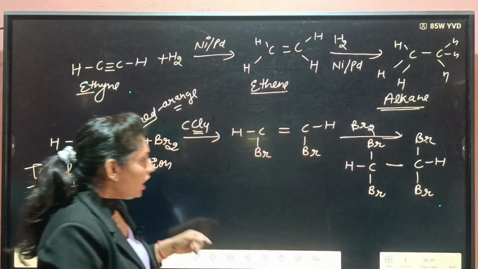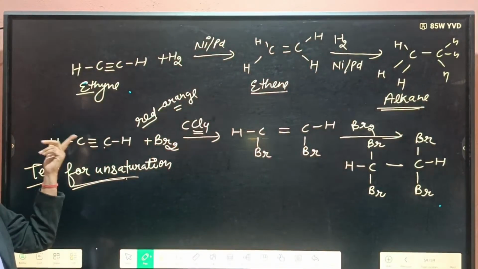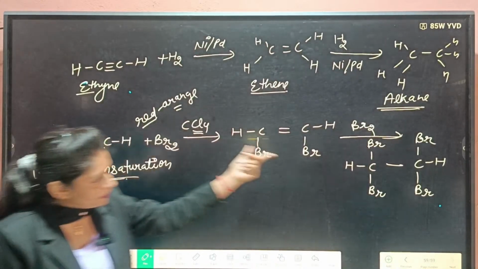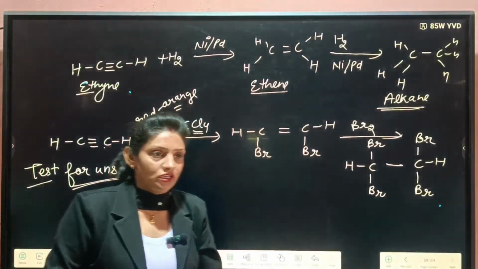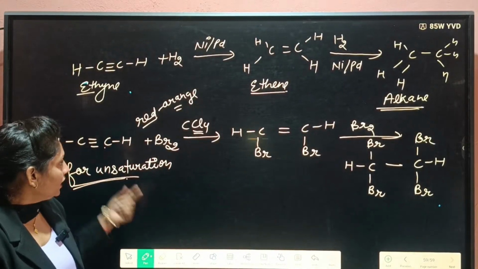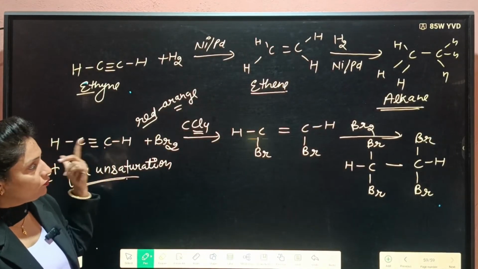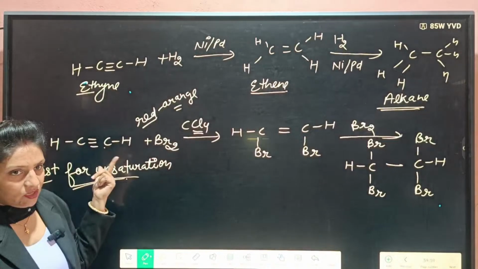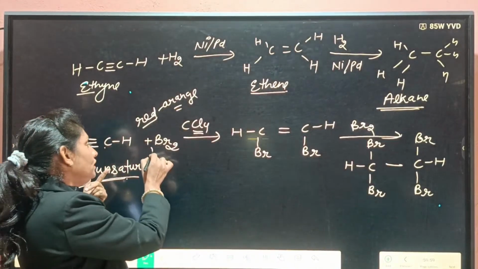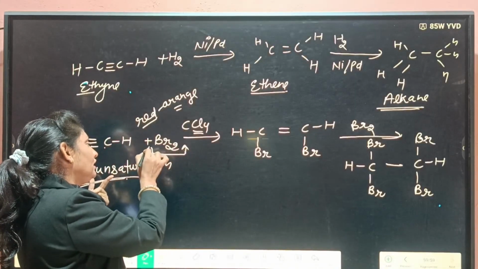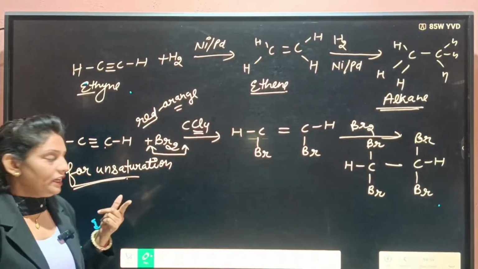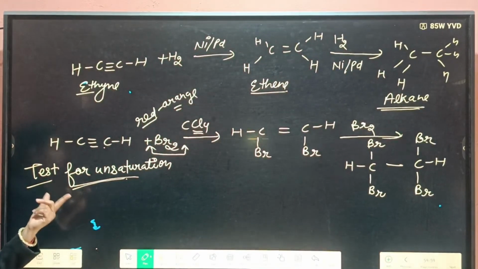So here the unsaturated compound finally converts into the saturated one. Breakage of the unsaturated bond takes place there, and this decolorizes the bromine. That's why it is known as the test for unsaturation.